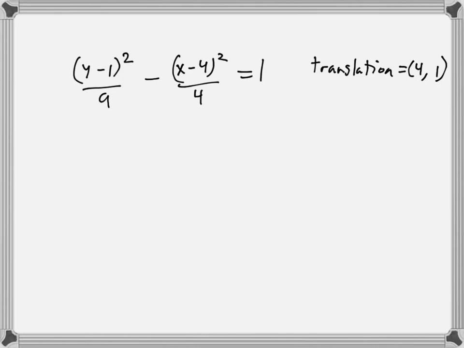Okay, so the easiest way I can think to do this is let's go ahead and draw 4, 1 here. So 1, 2, 3, 4, and 1. So we're right here. Now this is going to be our a squared.